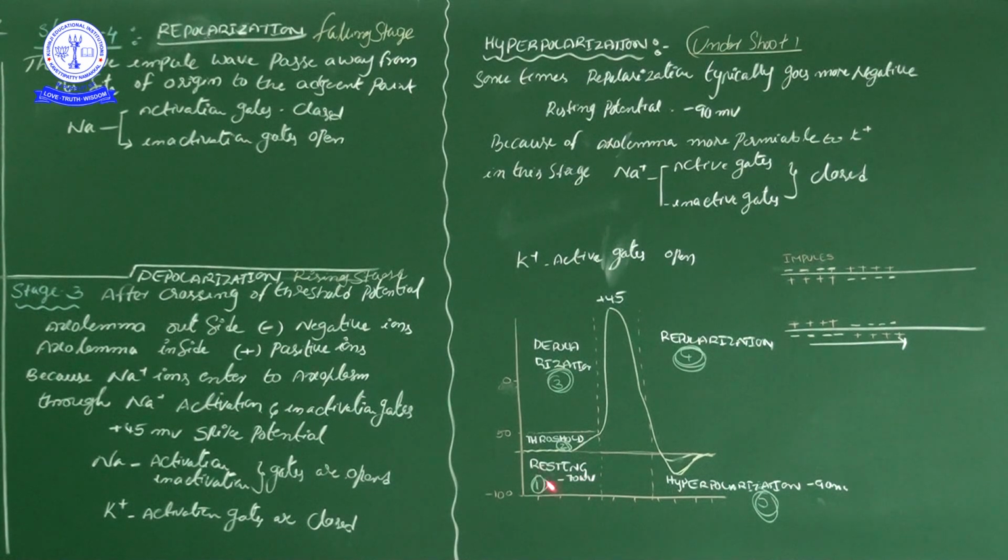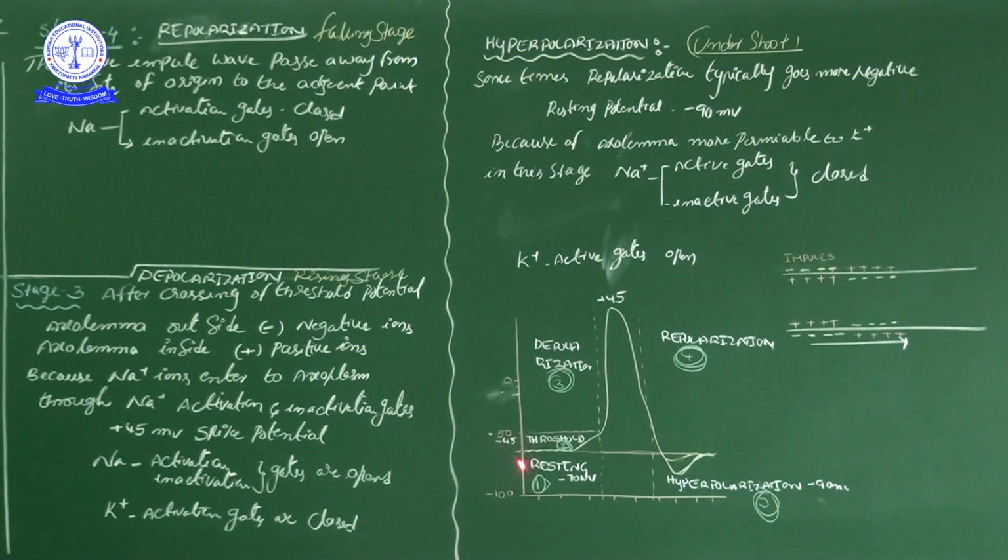In the graph, this is generally -70, the normal resting condition, and from -70 onwards this line is the resting state, marked in yellow. Now if any stimulation starts, it slowly rises, and the -70 charge decreases. -45 is the threshold, this line, in the range of 50-55. Then as stimulation increases, the negative charge reduces and slowly becomes positive.